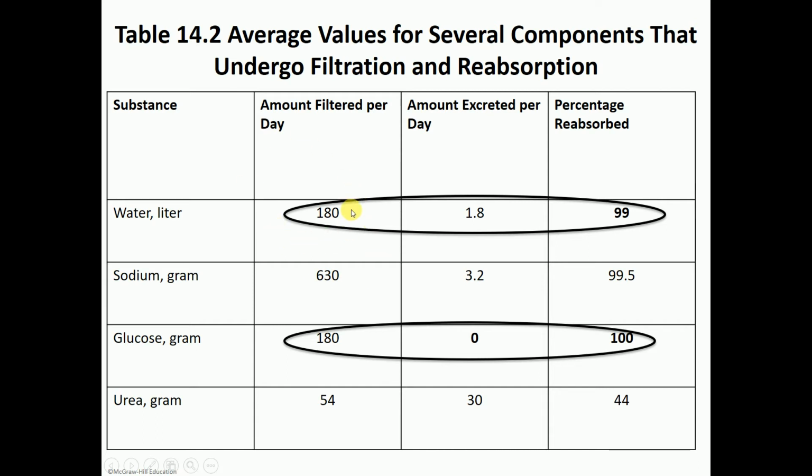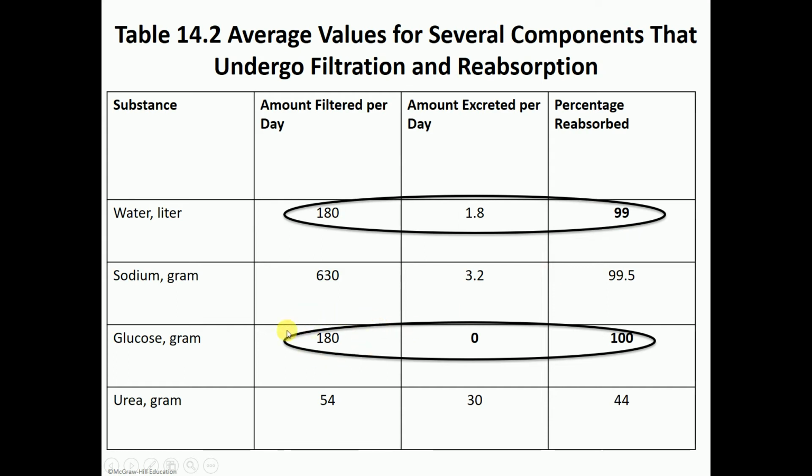Every single day, 180 liters of water are filtered through glomerular filtration. That is a huge amount of water. We only excrete, though, about 2 liters per day. It ranges between 1.5 and 2 liters per day, which means that we reabsorb about 99% of the water that was filtered.